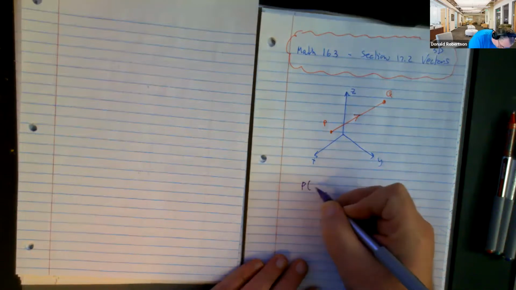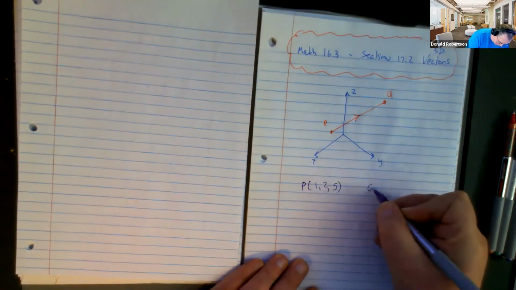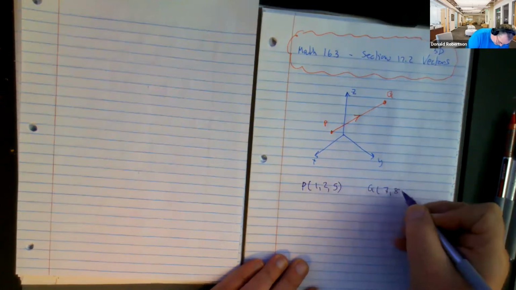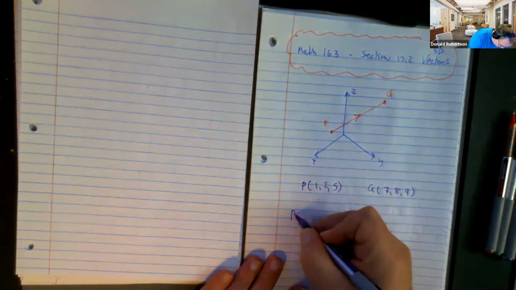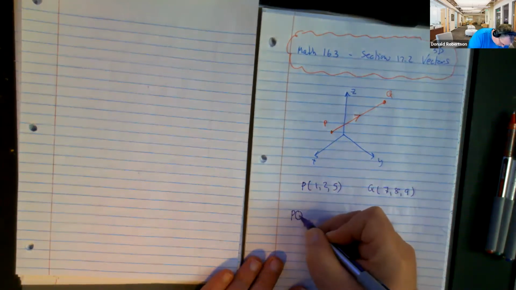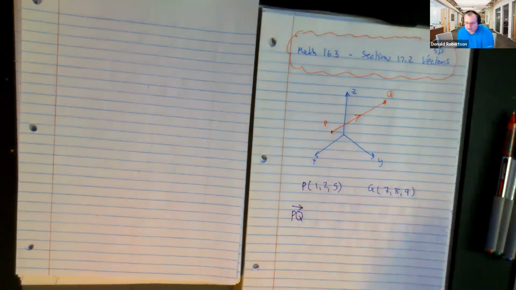If P has the point 1, 2, 5, that's this guy, and Q has the point 7, 8, 9, then there are a number of notations that you use to represent a vector. One of them is you give the start and finish letter and you put an arrow above it.